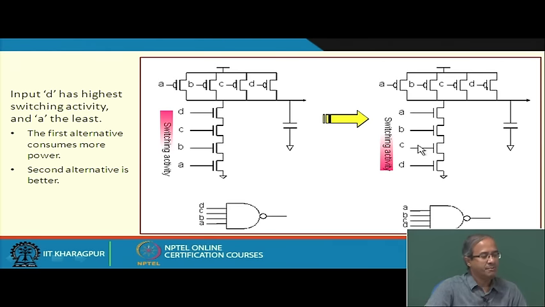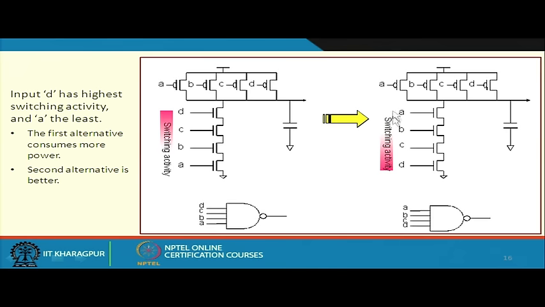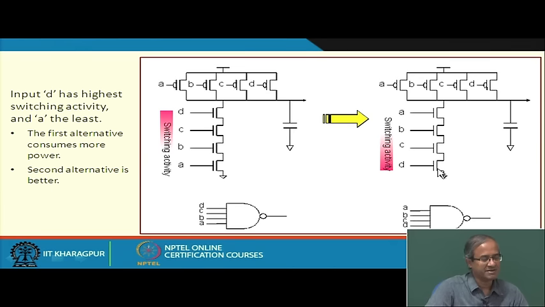But if we put it the other way around, the least active input we put at the top, this transistor will be mostly non-conducting. So, even if the lowest transistor is very heavily switching, the charging and discharging impact will be the least, because it is lowest down the stack.